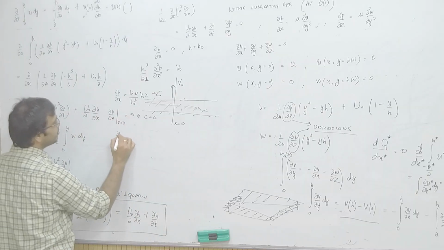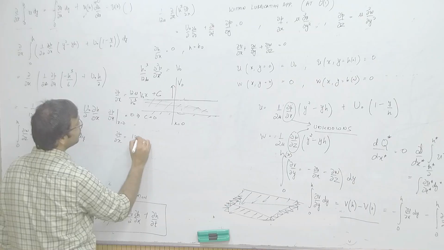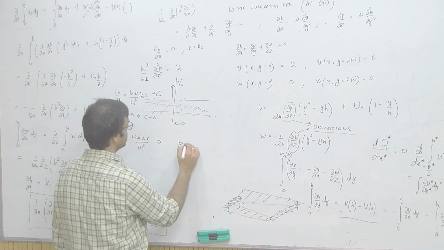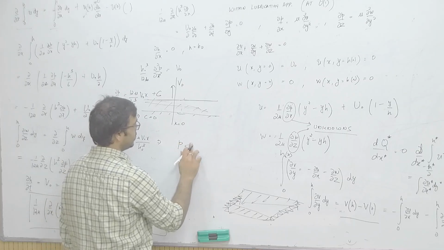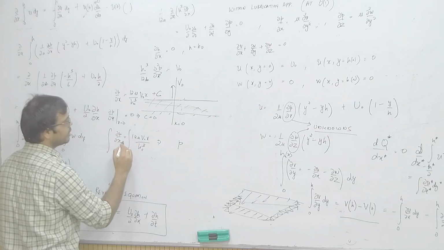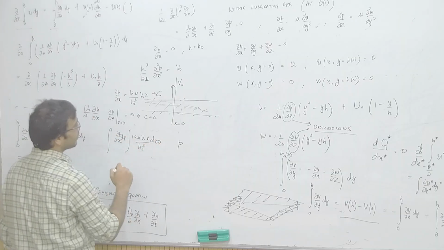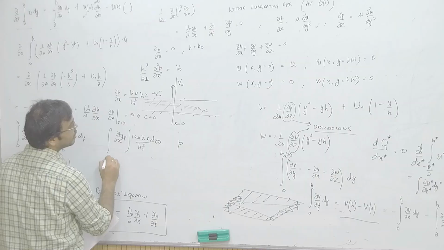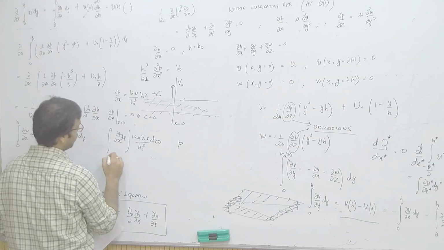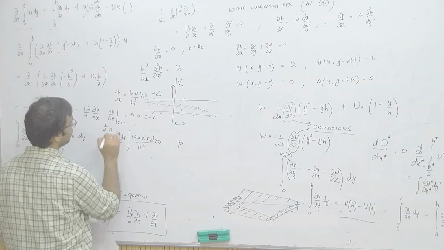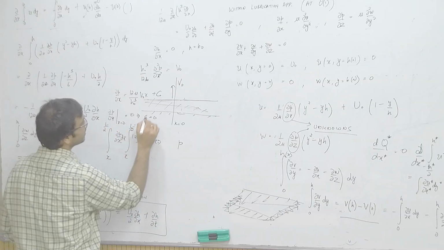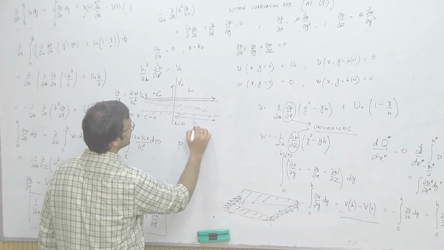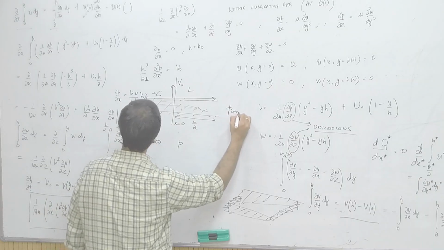So, you will have del p over del x as simply 12 mu v naught x over h naught cube, and from here we will see that pressure, or let us integrate it in x, from x to L by 2. Let us say this is L, this is L by 2, and the pressure outside is some P atm.